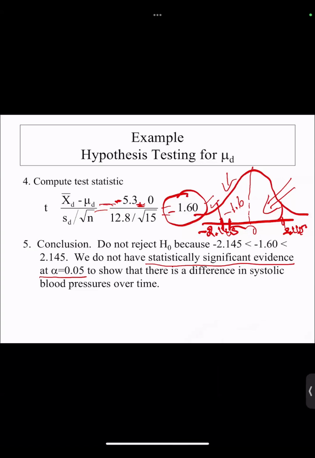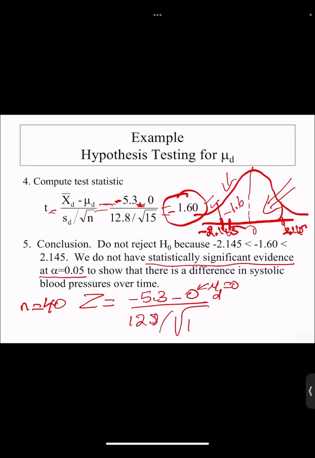And that's it. Okay, so again, if my n was 40 and I have the same difference and standard deviation, it simply would have been Z equal minus 5.3 minus 0, which is mu of D under H0 equals 0, over 12.8 over square root of 40.